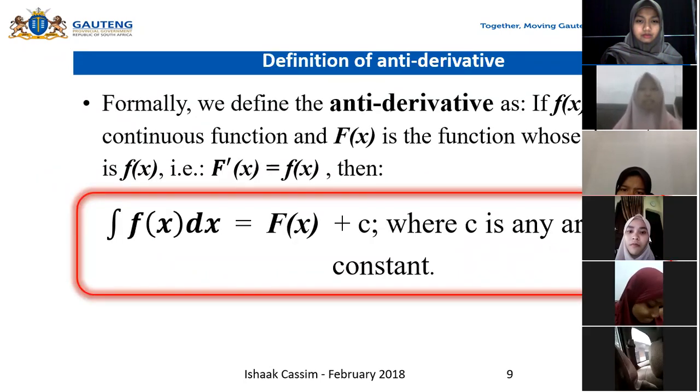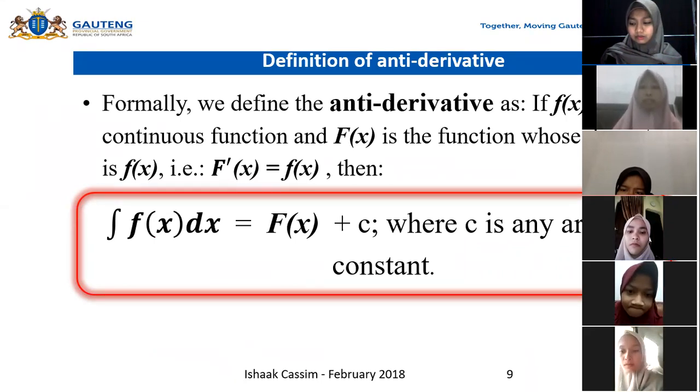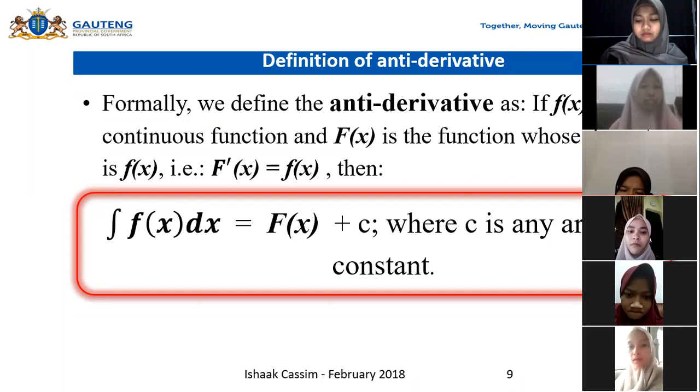Definition of antiderivative. Formally, we define the antiderivative or integral as follows: if f(x) is a continuous function and F(x) is the function whose derivative is f(x), then integral f(x) dx equals F(x) plus c, where c is any arbitrary constant.